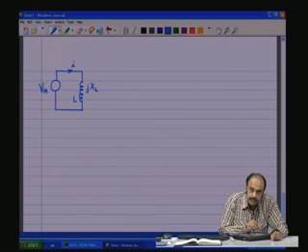And also, if you see from the jXL term, the voltage across the inductance is going to be multiplied by j, that is jXL into I, this is the voltage across the inductance, which is the applied voltage. So, which means there is going to be a rotation of 90 degrees for the voltage.